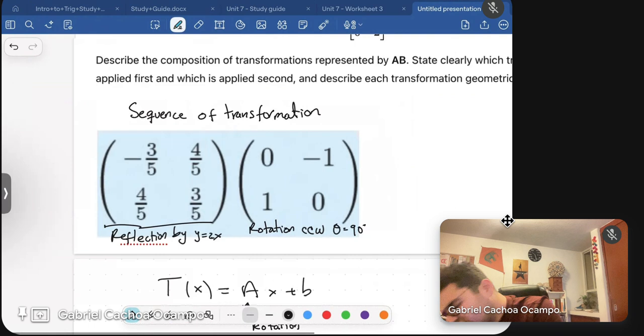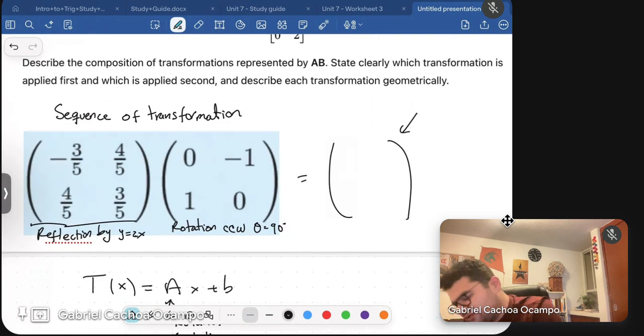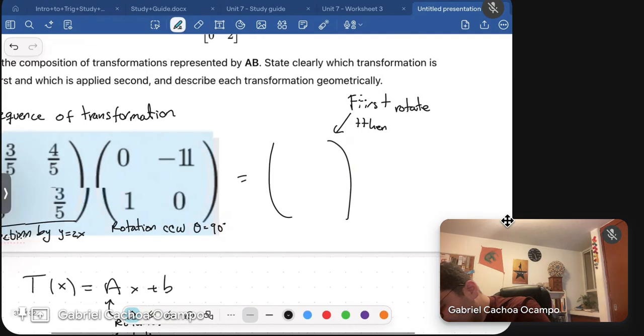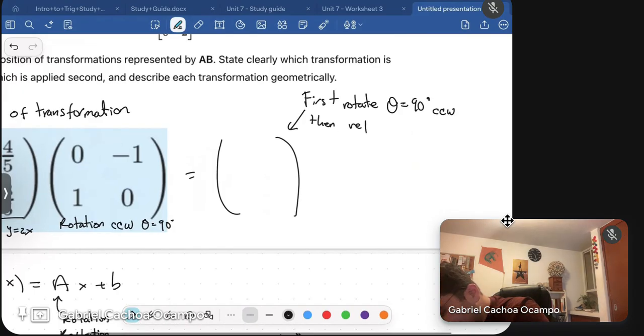So if you multiply these matrices, this resultant matrix is the transformation that represents first rotate by theta equal 90 degrees counterclockwise, then reflect by line y equals 2x.